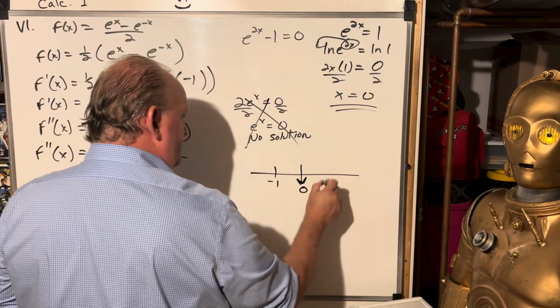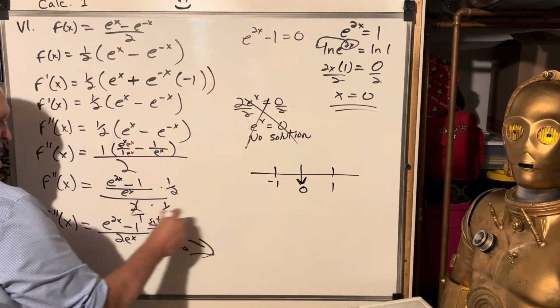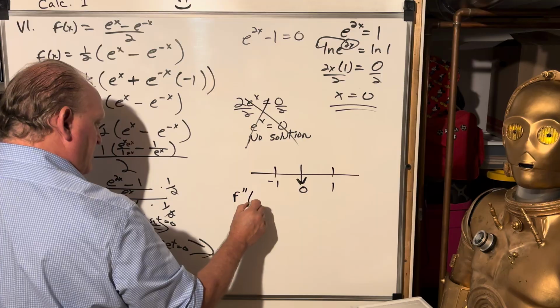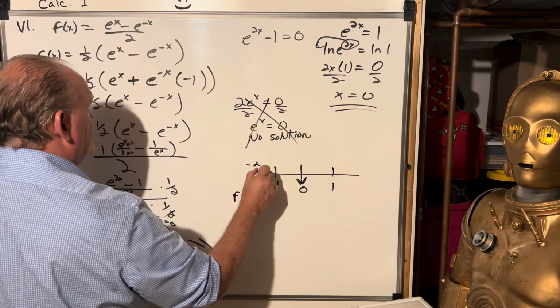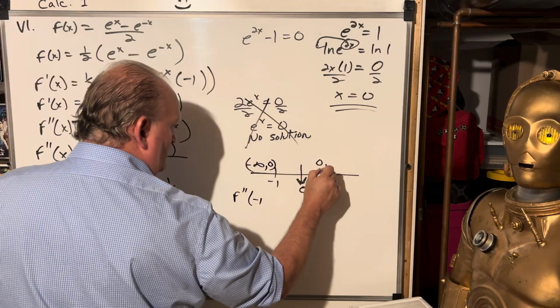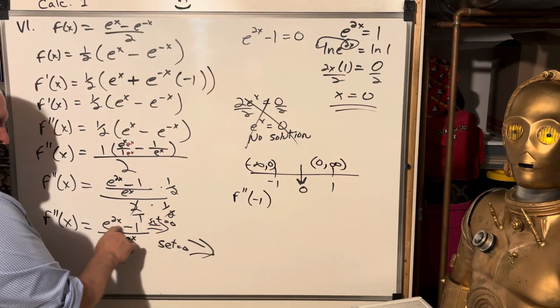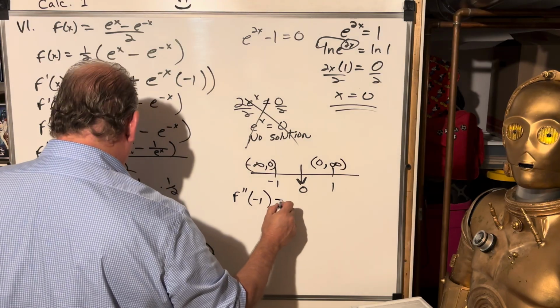0, let's go negative 1, positive 1. And now I'm going to throw those into f double prime. So f double prime of negative 1, that is negative infinity to 0, that interval, and 0 to positive infinity. When I put in a negative 1, what do I get?